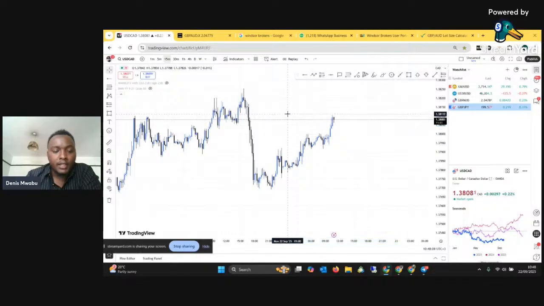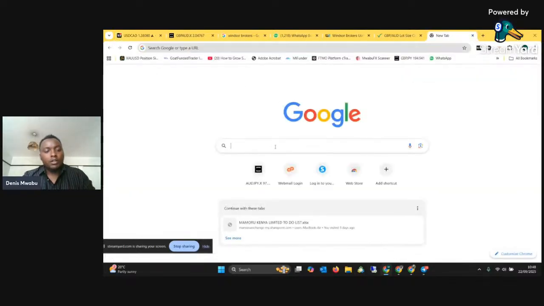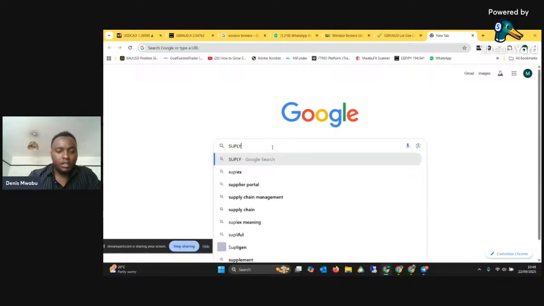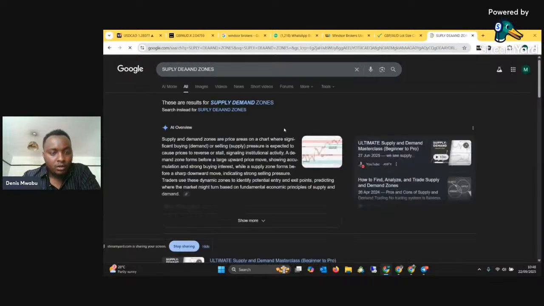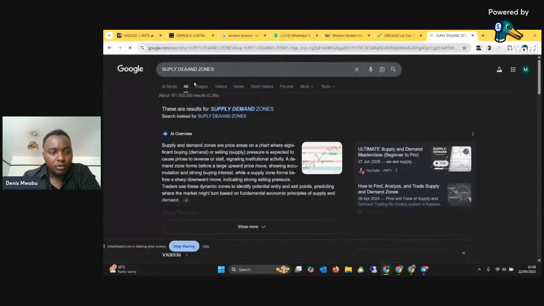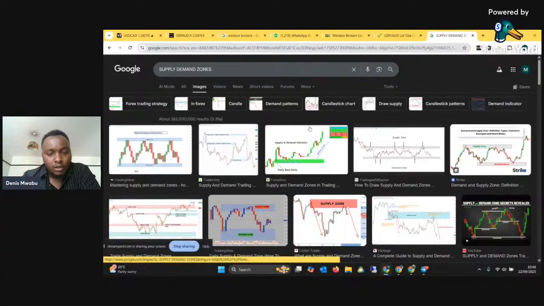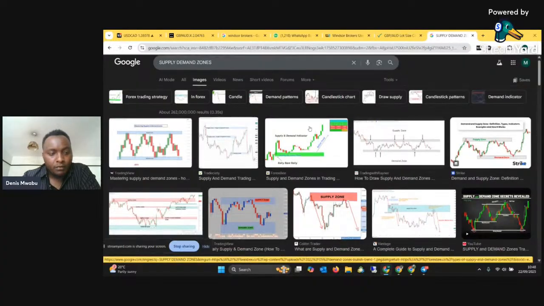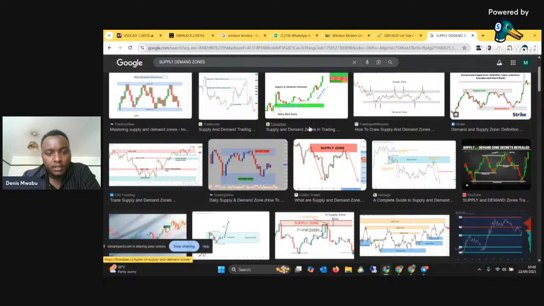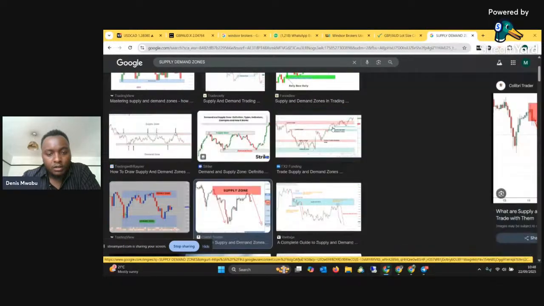Okay. So you can be able to see here on USD card we had the previous. How do you identify supply or demand zones? I think this is something. Let's do supply and demand zones. Okay, supply and demand zones. I want you to be able to understand. Okay, for example, this is a supply zone here.